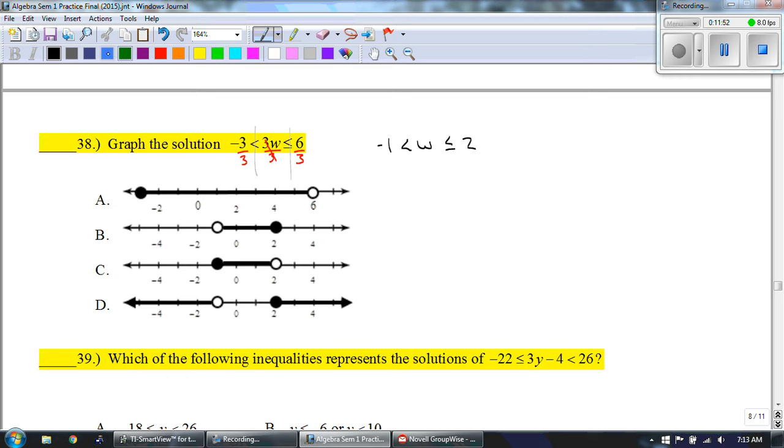When the W, or the variable, is in the middle, we shade the middle. So I can see that D is shaded wrong right away. At negative 1, I'm going to be open, and at 2, I'm going to be closed. The only one that has that right here, there's negative 1, and there's 2. So B is our answer.